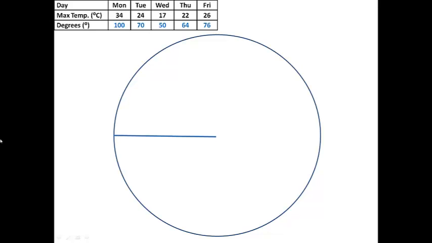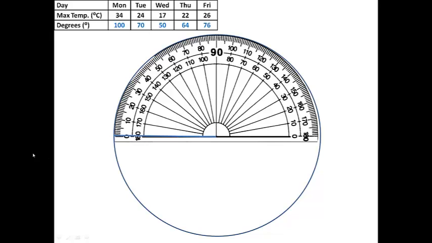Using our protractor, we then place the protractor so that the center of the protractor lies directly on the center of the circle, as seen in the diagram. We then measure 100 degrees from this point where you see 0 degrees to that point where you see 100 degrees.